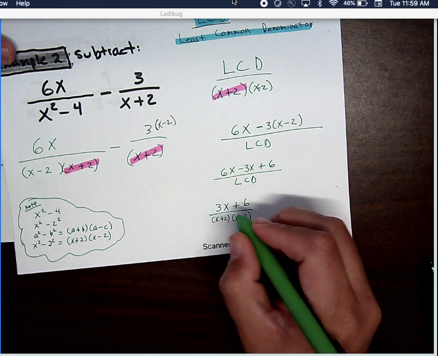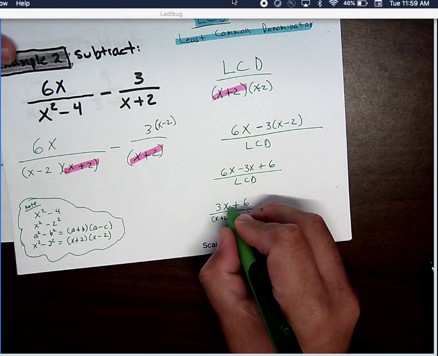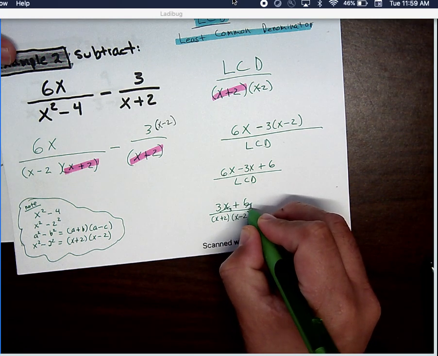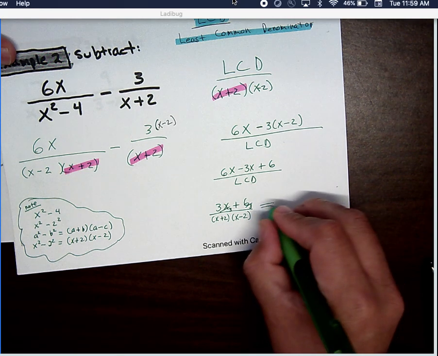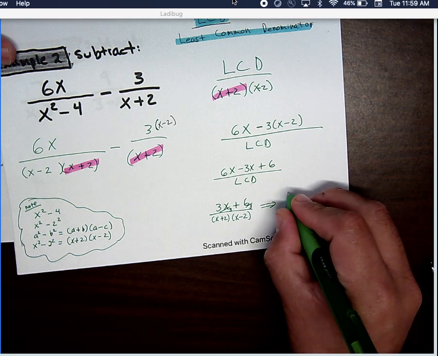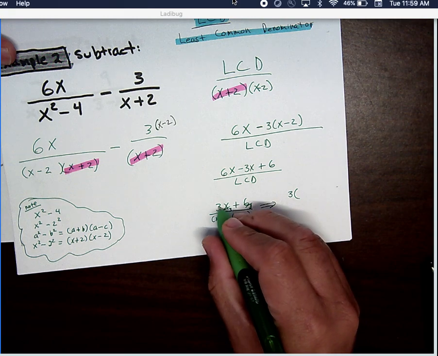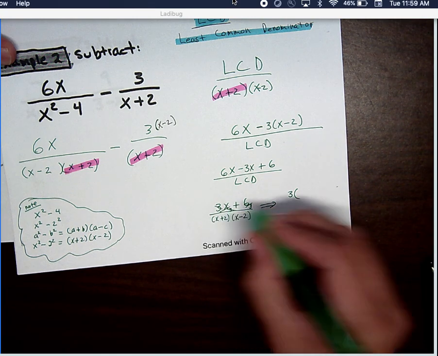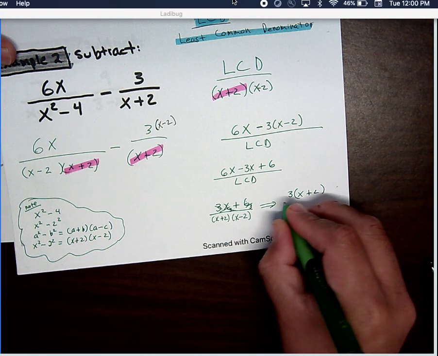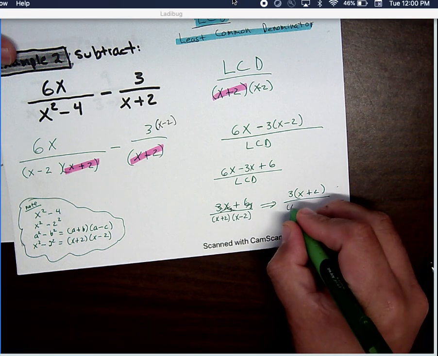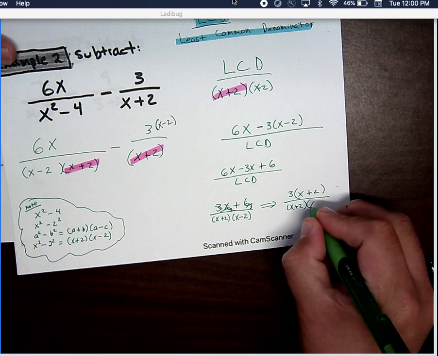Now let's find the GCF from this one. It does have a 3. So this would be the 3 outside. So we have 3 over 3, which just cancel out and you have the x. 6 over 3 would be plus 2. Over x plus 2 times x minus 2.